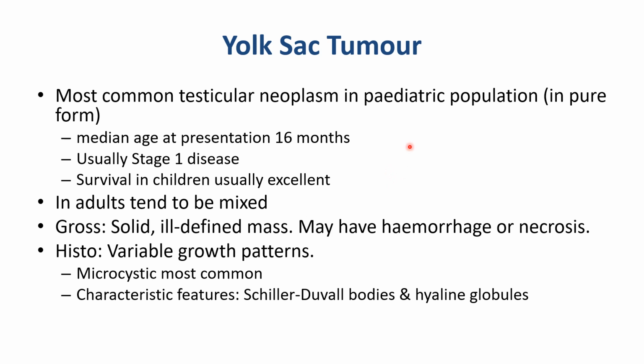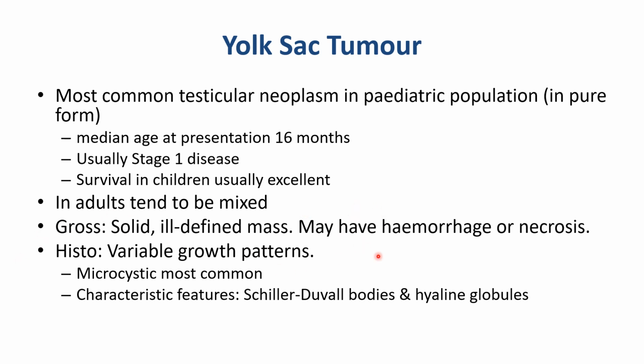Yolk sac tumor, it's a bit of text there because again I highlighted earlier. It can also occur in pure form in childhood. In fact, it is the most common testicular neoplasm in the pediatric population, and they have excellent prognosis. In adults, they tend to be mixed.